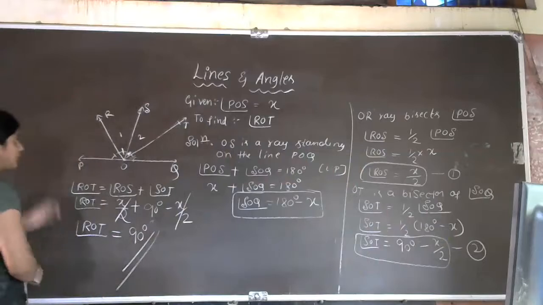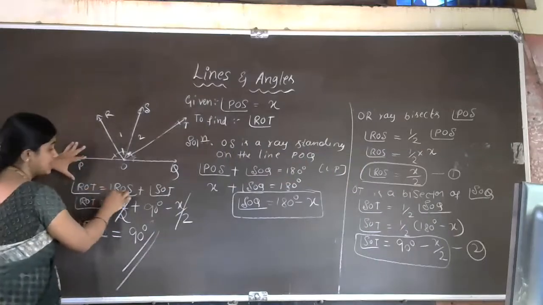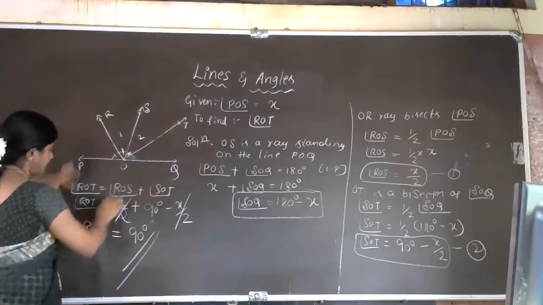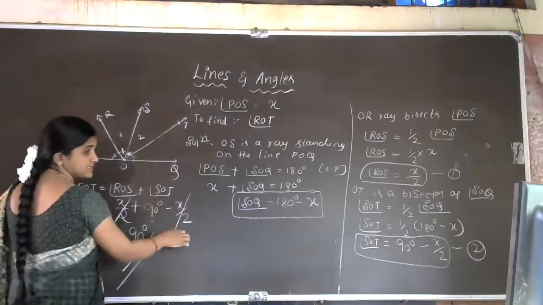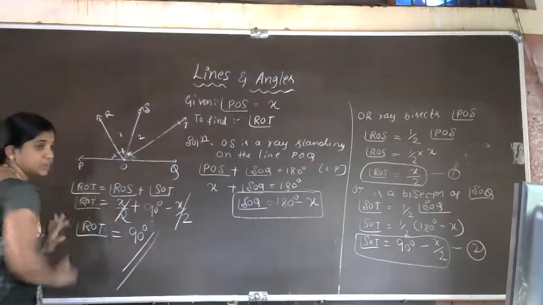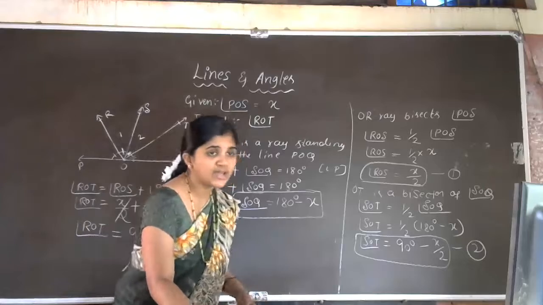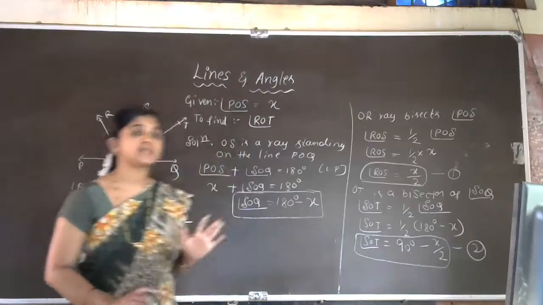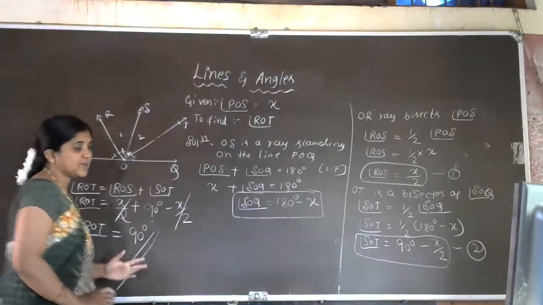What we have to find in the question is angle ROT, which is nothing but the sum of ROS and SOT. Therefore, ROT is equal to x by 2 plus 90 degree minus x by 2, so ROT is equal to 90 degree. Got the idea of this problem? So we got the answer, angle ROT as 90 degree. This is the explanation of the second example problem.